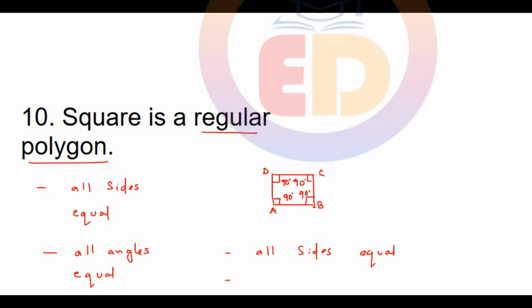So we can say that all angles are equal. And since in a square all sides and all angles are equal, we can say that square is a regular polygon. This sentence is true.